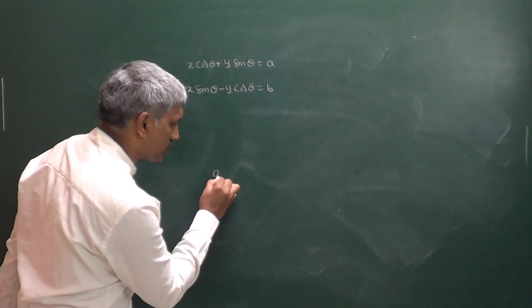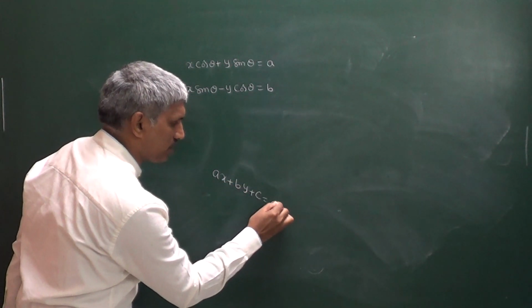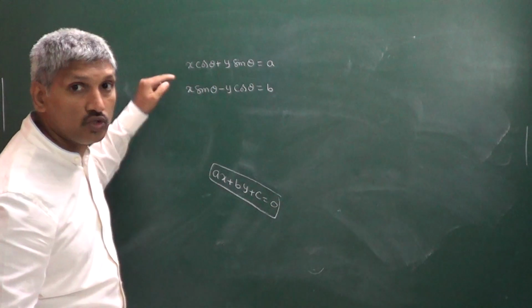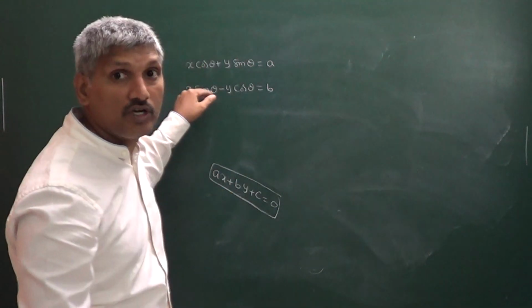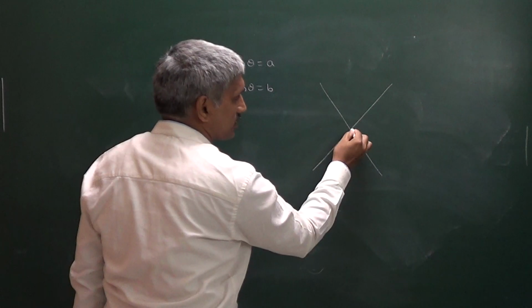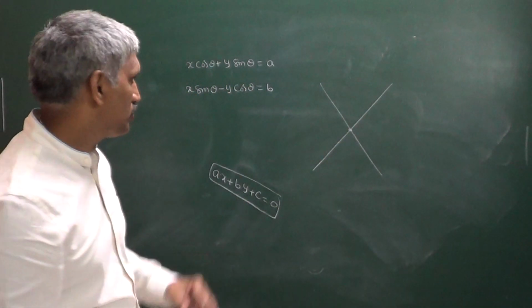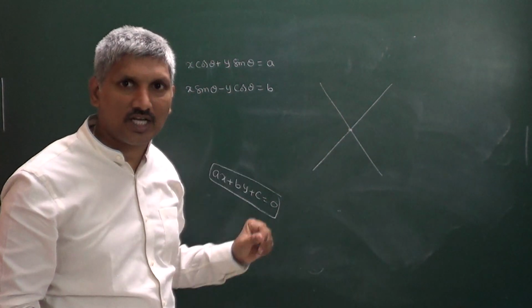Line equation is always in this form: ax plus by plus c is equal to 0. Yes, these are the two lines. Definitely for different values of theta you will get different lines. Those two lines' point of intersection locus is being asked.